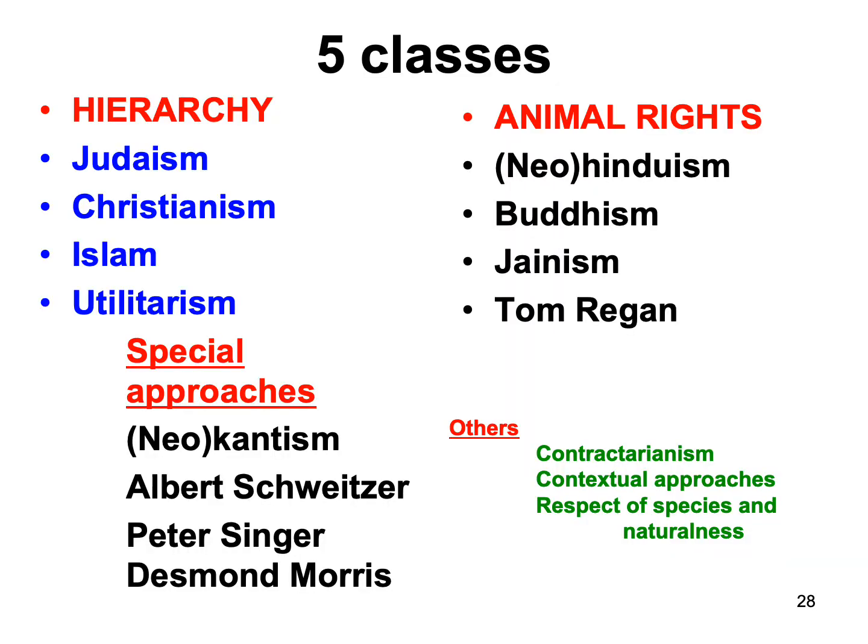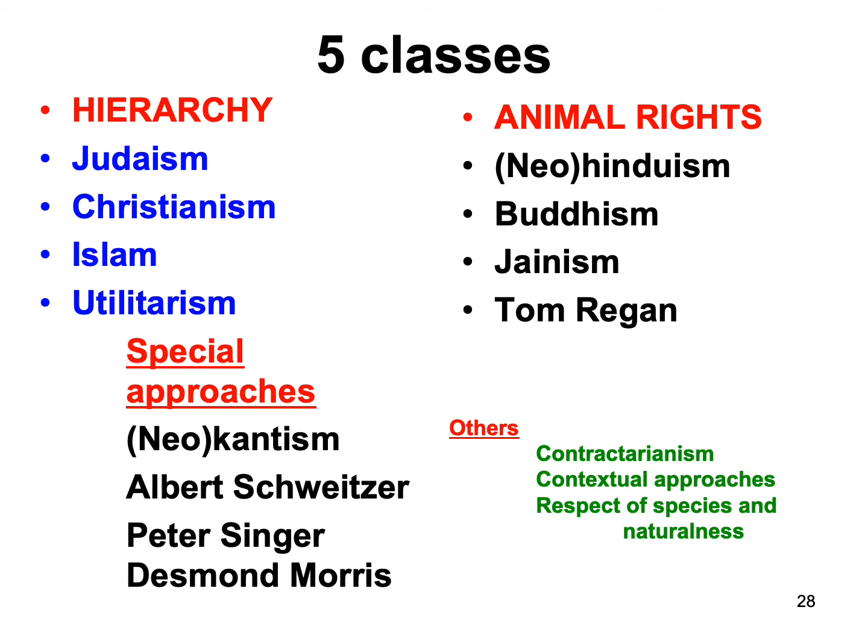But in a larger scope, we have five classes, or six, but two overlap, concerning ethics and animal welfare. We have the hierarchy approaches in philosophy, religion, and lawmaking.